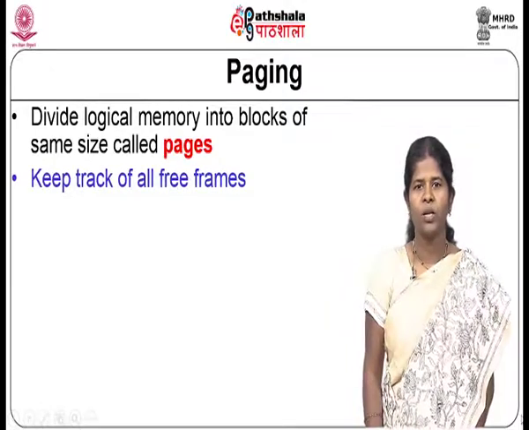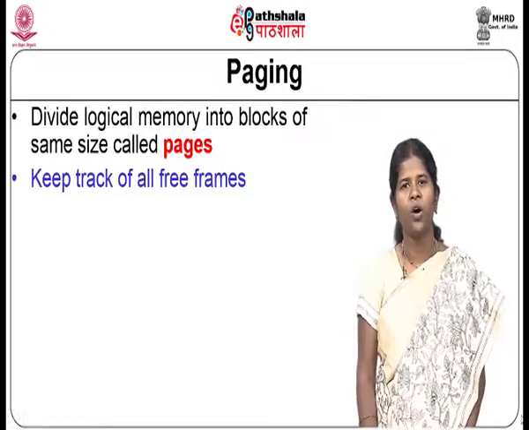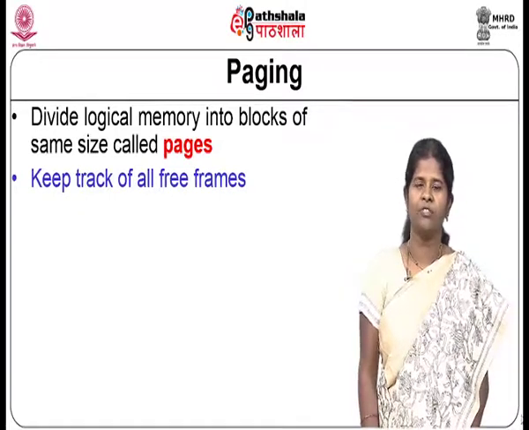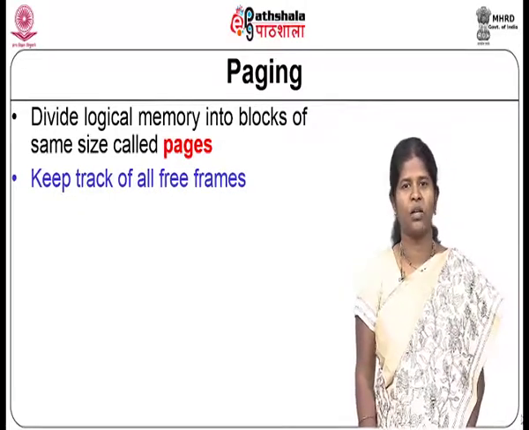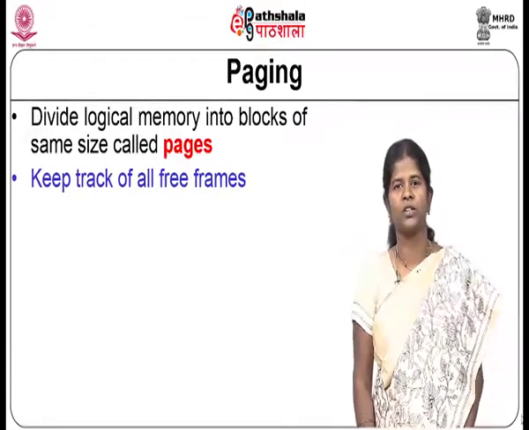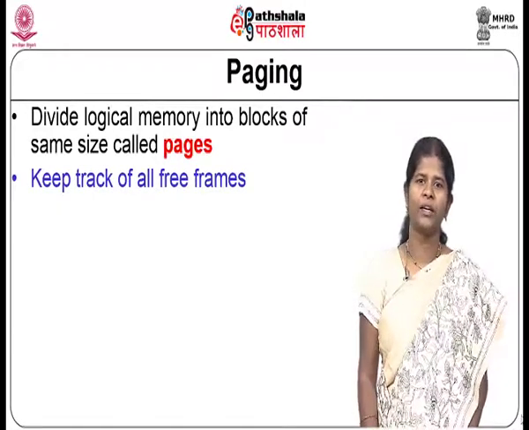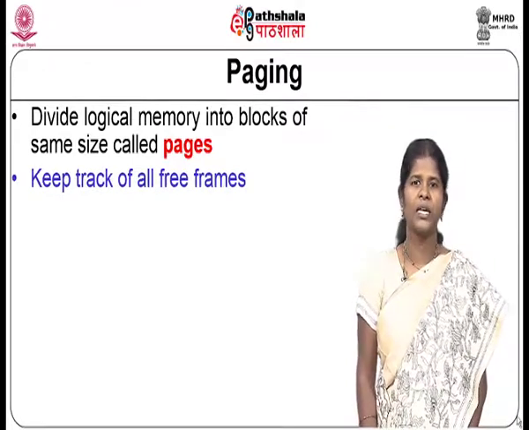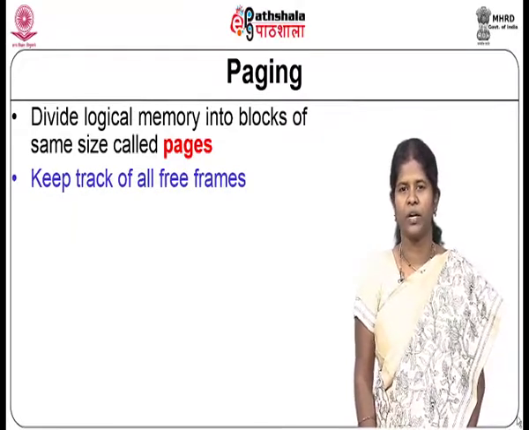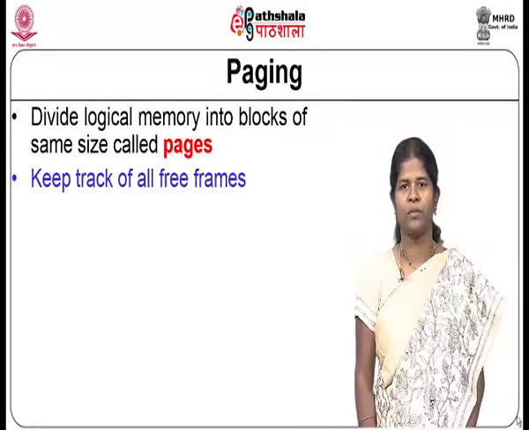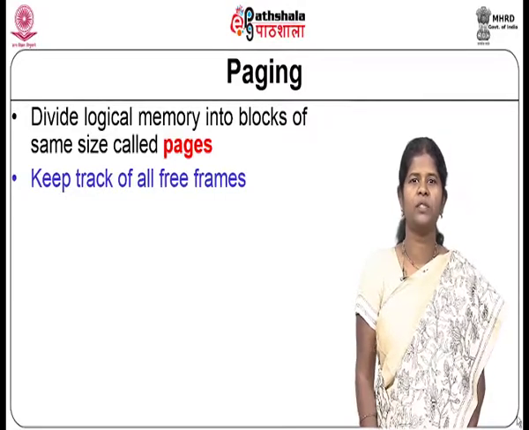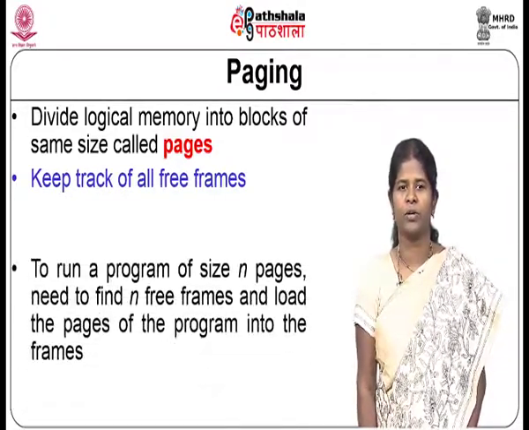And we also need to keep track of all the free frames in the physical memory. So, we have the physical memory being divided into equal sized pieces called frames, and the process being divided into equal sized pieces called pages, and these pages need to be put into the physical memory, and hence we need to know which are the frames that are free in the physical memory.